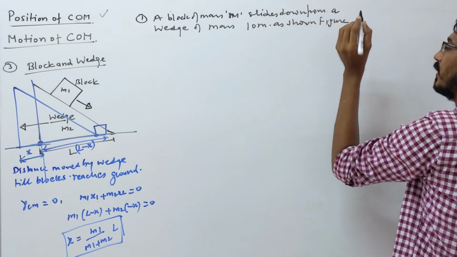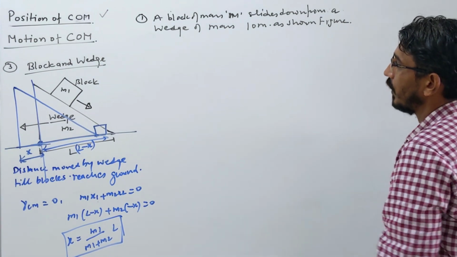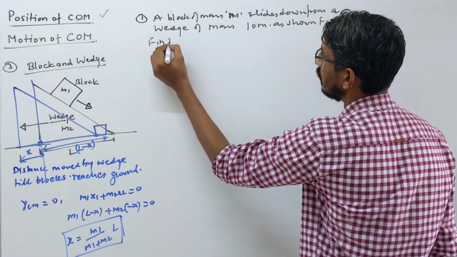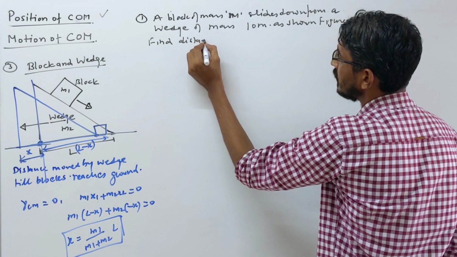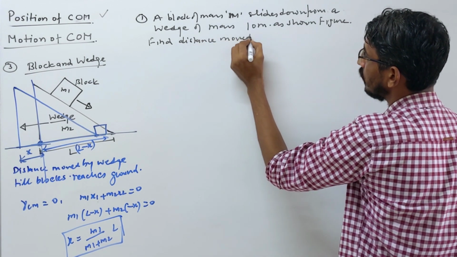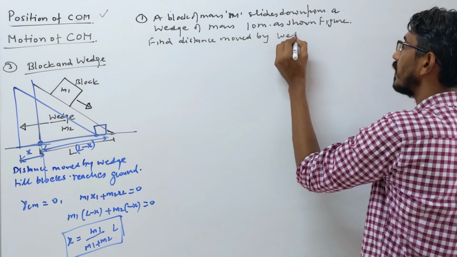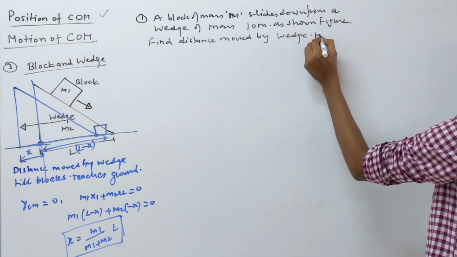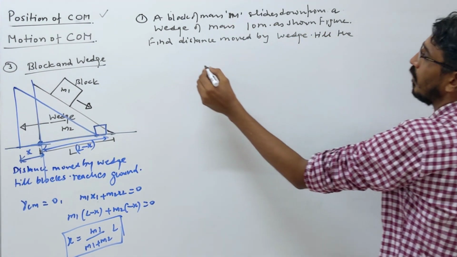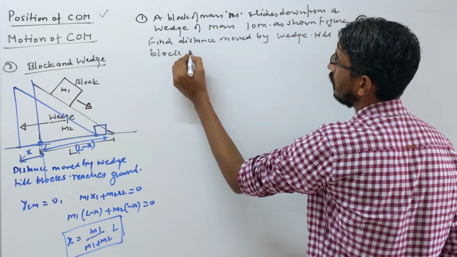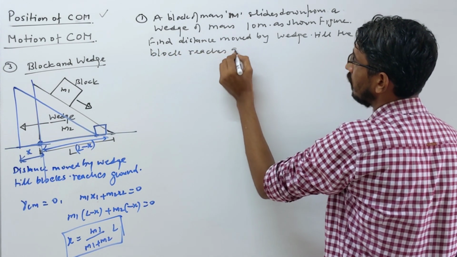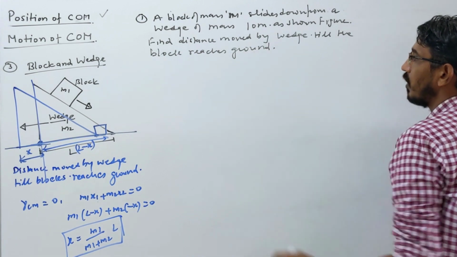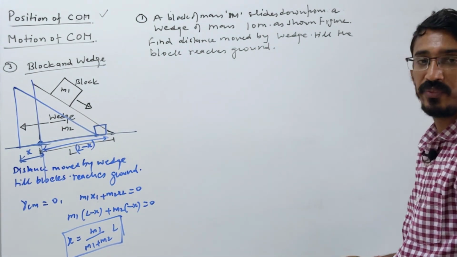I can draw the figure. So find the distance moved by the wedge till the block reaches the ground. Till the block comes to the ground, what is the distance moved by the wedge?